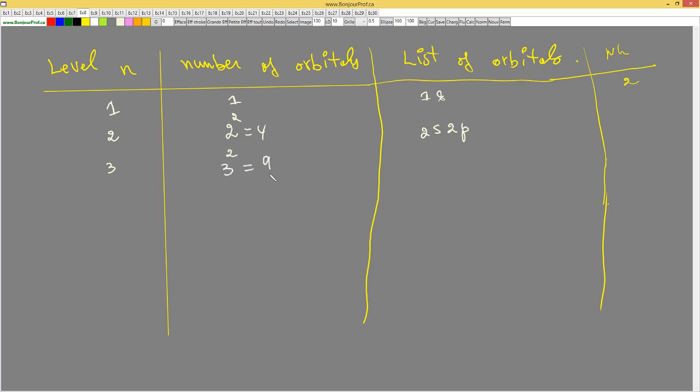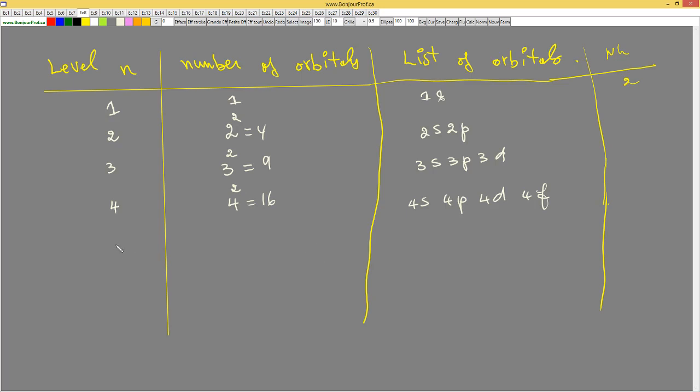It will be 9. So what are these orbitals? These orbitals are of kind 3s, 3p, and 3d. If I am in level 4, how many orbitals? It will be 4 power 2. It will be 16. What kind of orbitals will I have? I will have 4s, 4p, 4d, 4f.